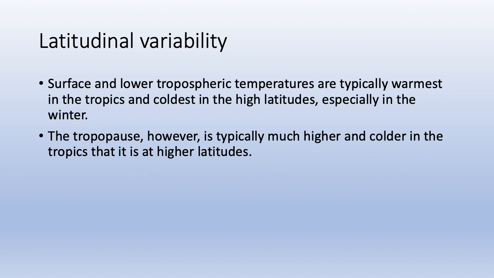Surface and lower tropospheric temperatures are typically warmest in the tropics, as you'd expect, and coldest in the high latitudes, especially in the wintertime. But the tropopause is typically much higher and colder in the tropics than it is at higher latitudes. And so you expect to see a higher, colder tropopause when it's warm near the surface, and a lower, warmer tropopause when it's cold at the surface, just as you do for this winter season difference in profiles in the middle latitudes.